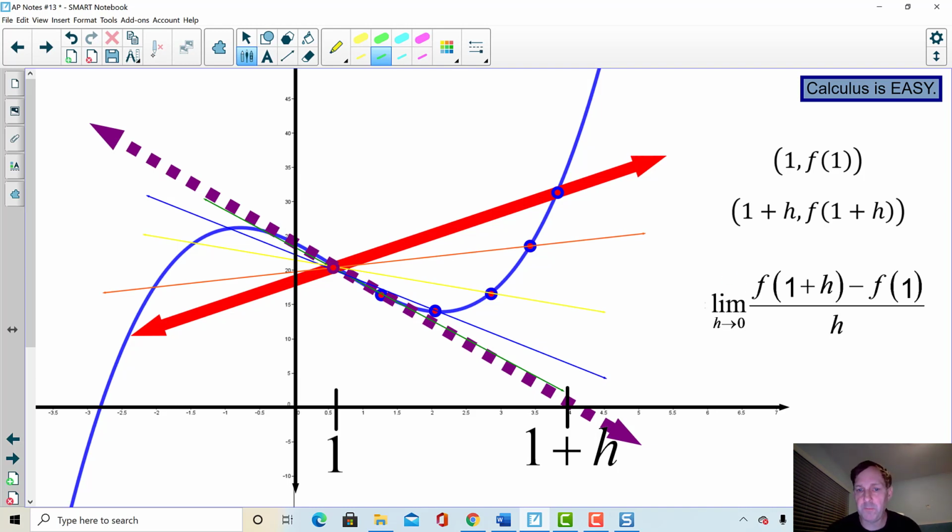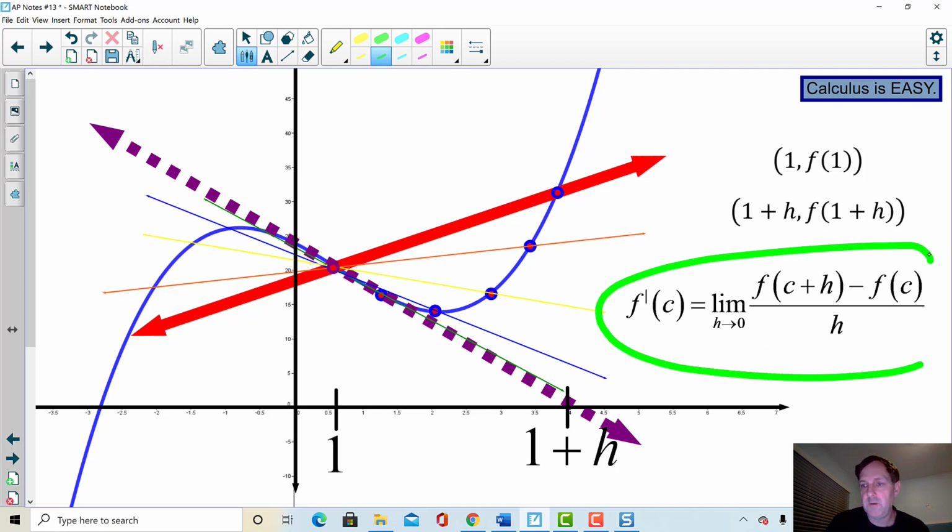So this is another formula you might see. And instead of it being a 1, it can actually be any value of c. So I took the 1 out, and that gives you the formula for the slope of the tangent line for any value of c.